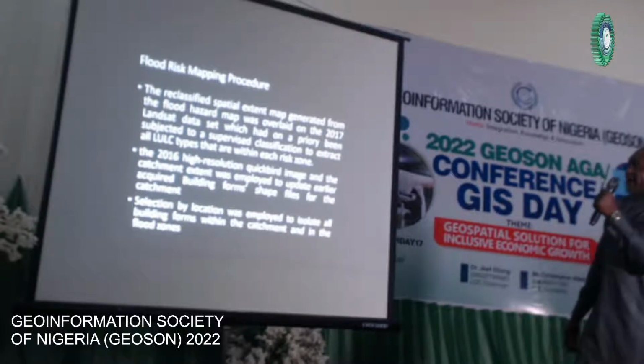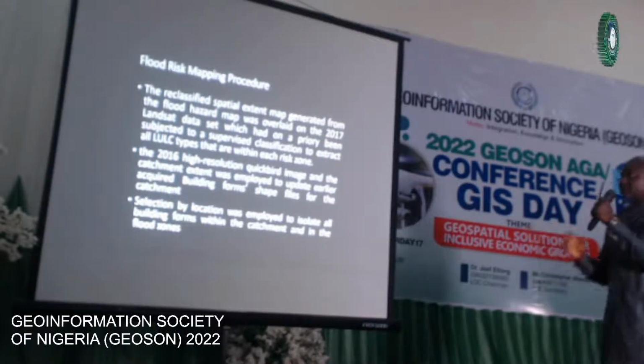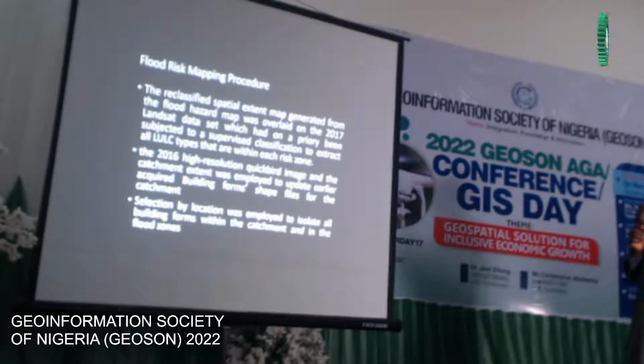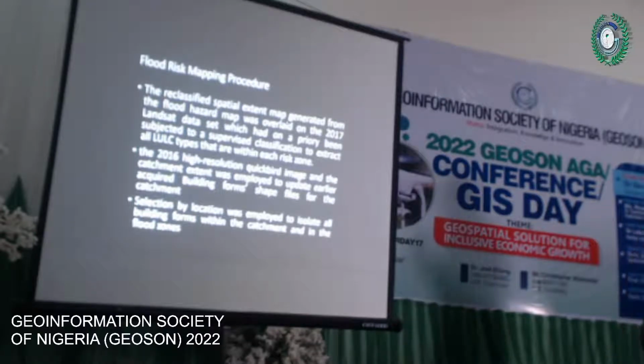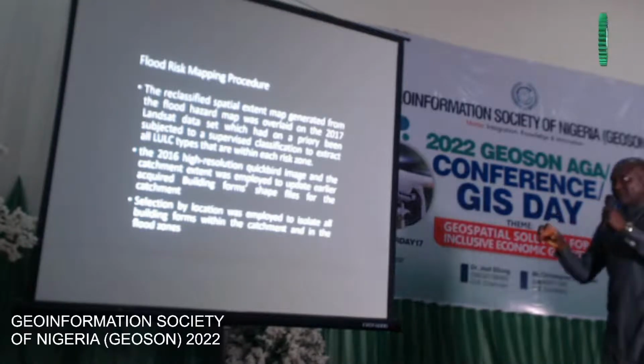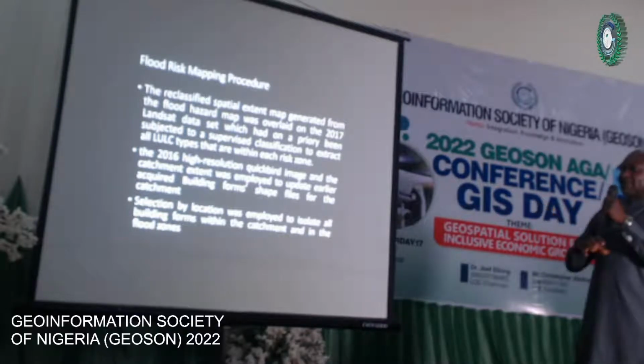This classified spatial extent map generated from the flood hazard map was overlaid on the 2017 Landsat dataset, which had on a priority been subjected to a supervised classification to extract all LULC that are within each risk zone. The 2016 high-resolution QuickBird image and the catchment extent were employed to update the earlier acquired building footprint files for the catchment area.